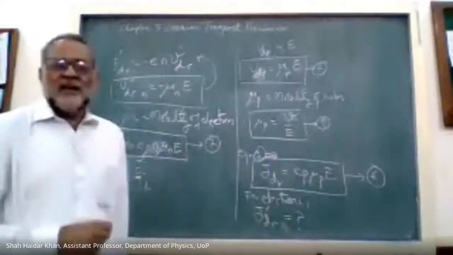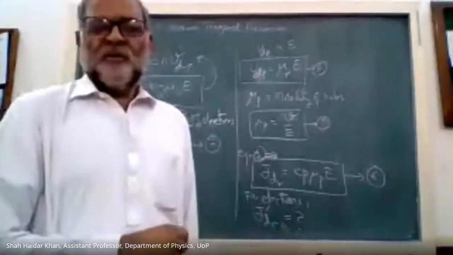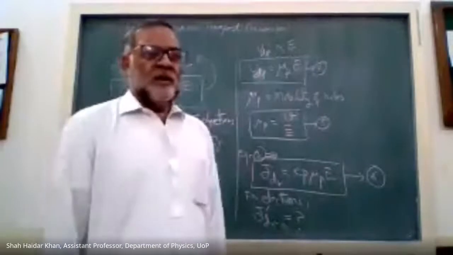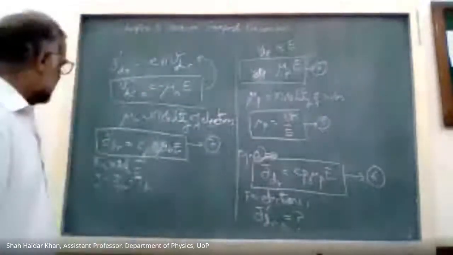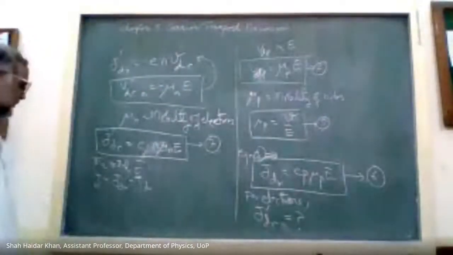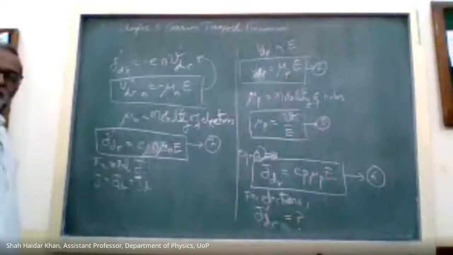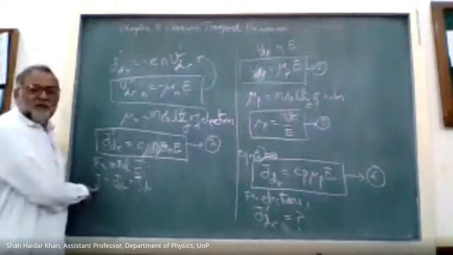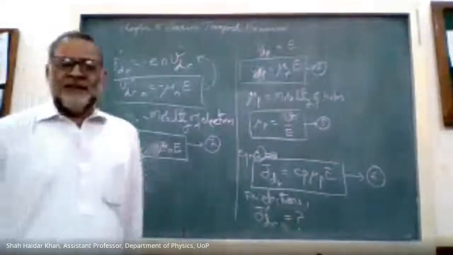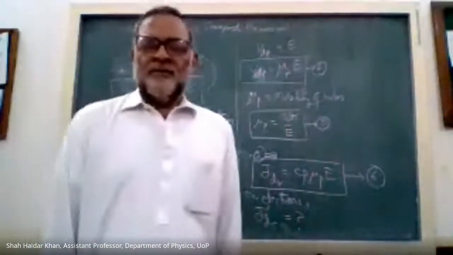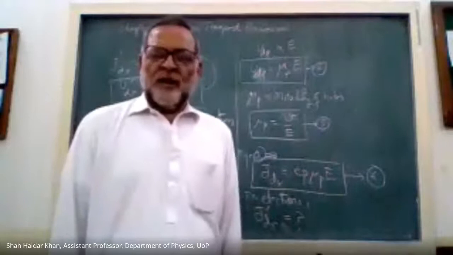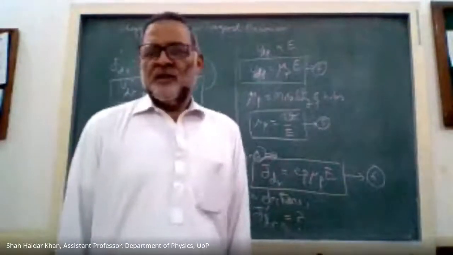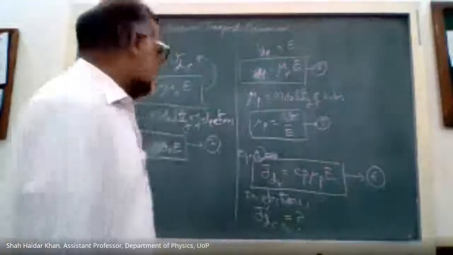Remember, I have slightly different notations from your book, so you should note that I am sometimes using different symbols. The total current will be the sum of the current due to electrons and due to holes. We will add the two currents and that will be the total current density.